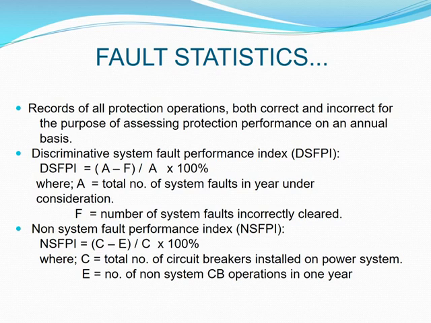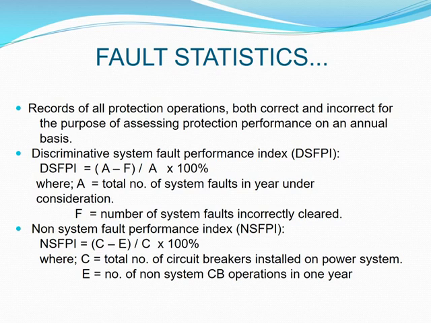If it's faults that were incorrectly cleared, it means they are faults that should not have been cleared, or rather faults that were really non-system faults, and therefore ended up being cleared. Then we have A minus F divided again by A, which is your total number of system faults in that year, and then we get a percentage out of it.